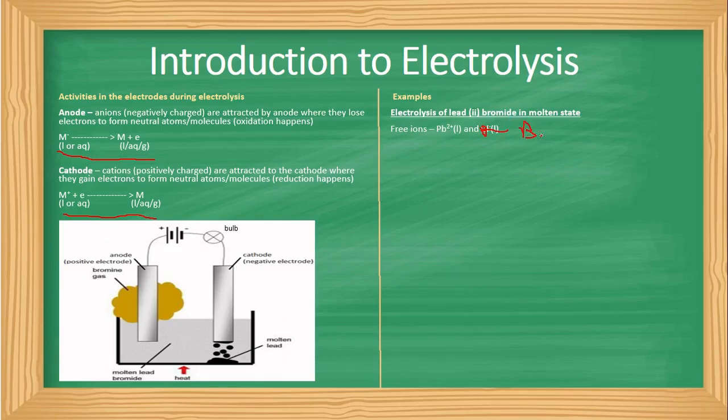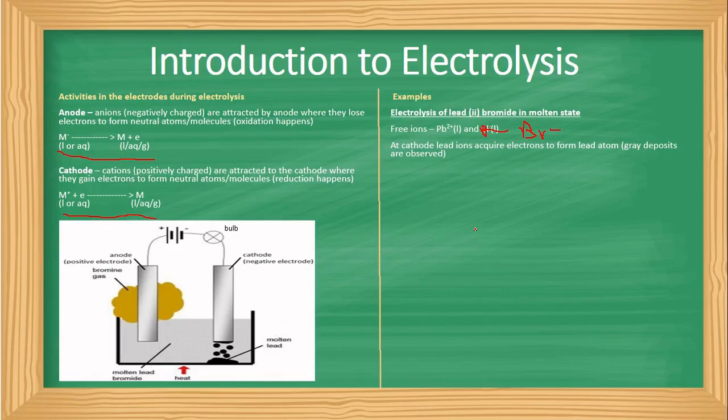Forgive me for assuming that this was chlorine. So there are lead ions and bromide ions. The lead ions are the cations, they are positively charged, and the bromide ions are the anions. They are negatively charged.